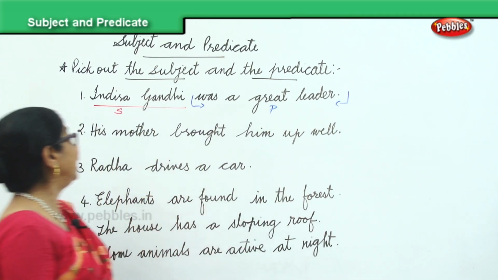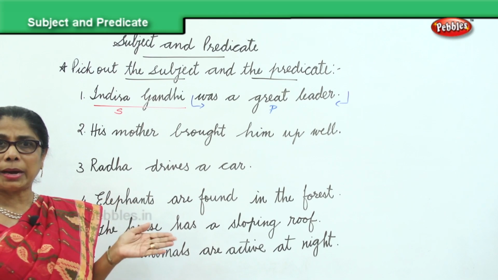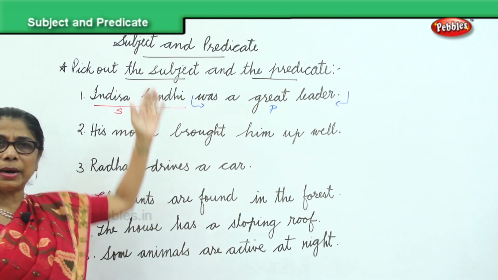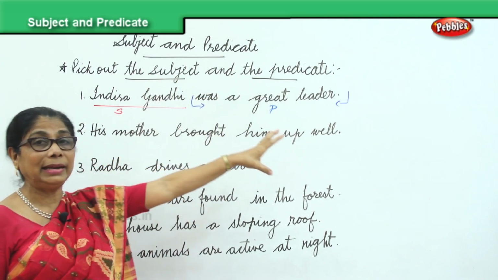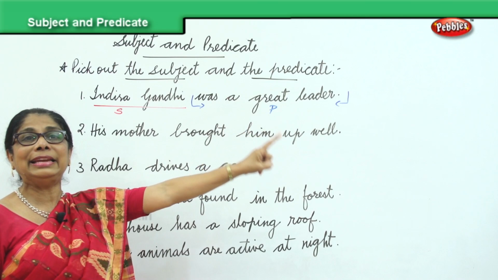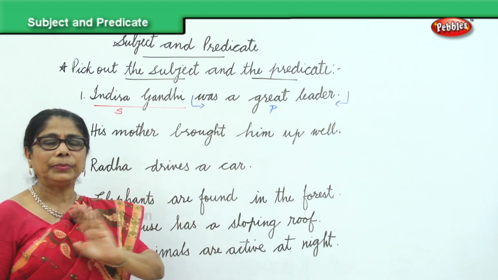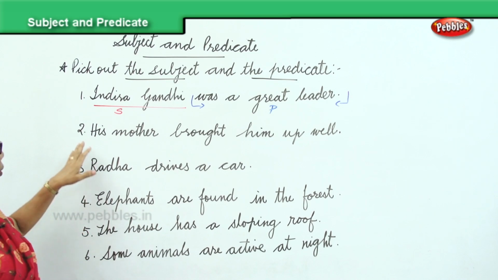P for predicate, S for subject. Now, the sentence is complete. It has two parts. A sentence has two parts, the subject and the predicate. Indira Gandhi is the subject, was a great leader, the predicate. It begins with a capital letter. It ends with a full stop. Always remember, any sentence begins with a capital letter, ends with a full stop.